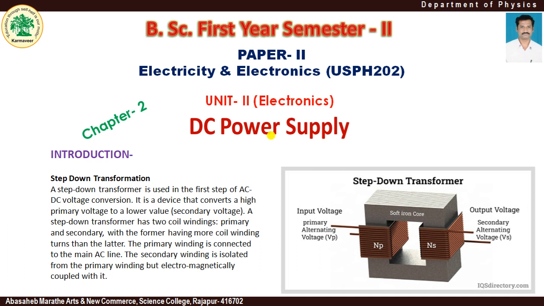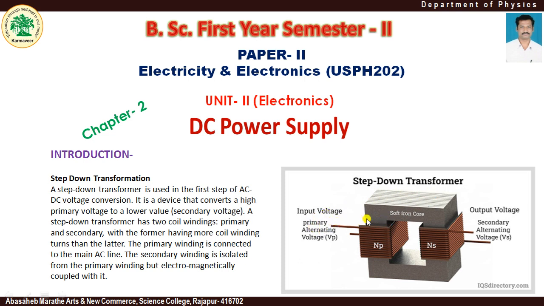You can see on the screen the next diagram, the step down transformer. It is the constructional diagram of this step down transformer. We will use this device in our chapter for the construction of the full wave rectifier and half wave rectifier. In the circuit diagrams of half wave and full wave rectifiers, you can see the symbol of this step down transformer.